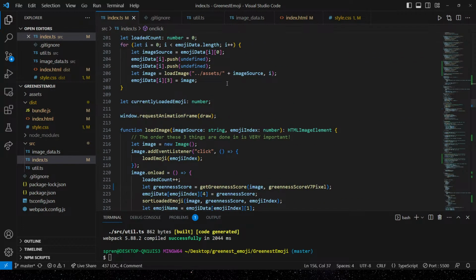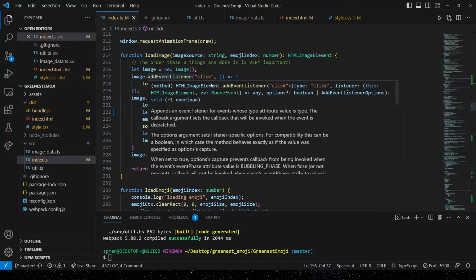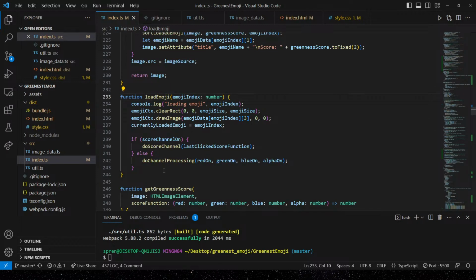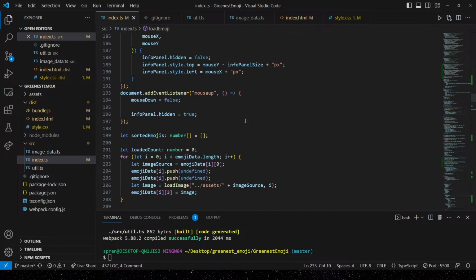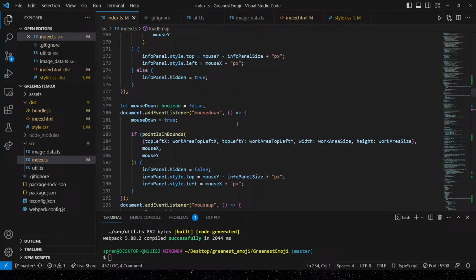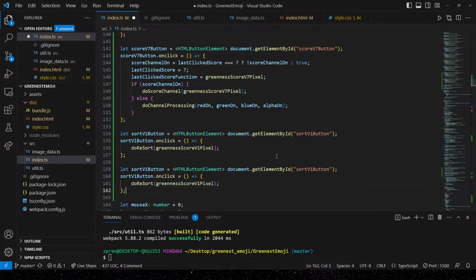Question. On click, it says load emoji. And that'll use whatever drawing method is currently set. Okay, so that doesn't depend on the sorting method. Yeah, I think that's right. Also, I want to get rid of that. Yeah, that seems correct. So I just paste this 6 more times.